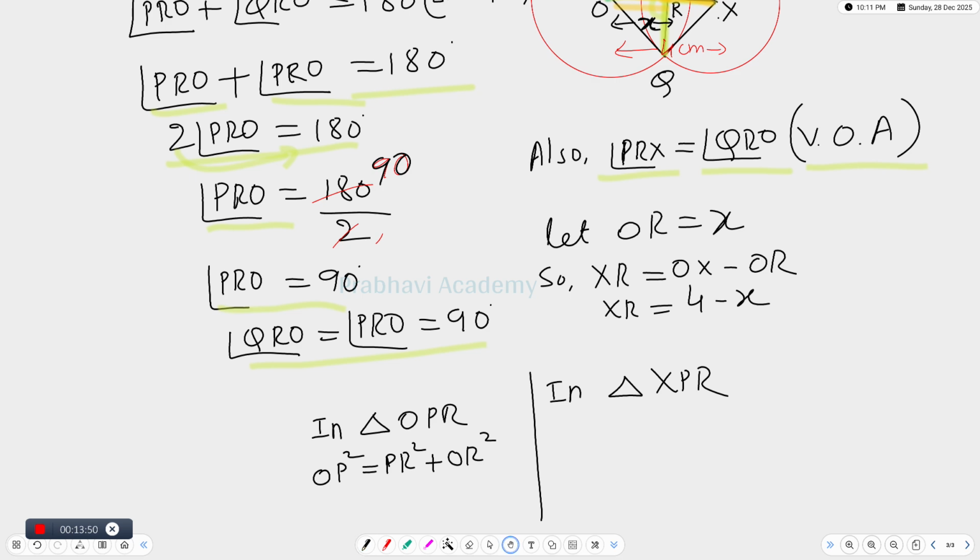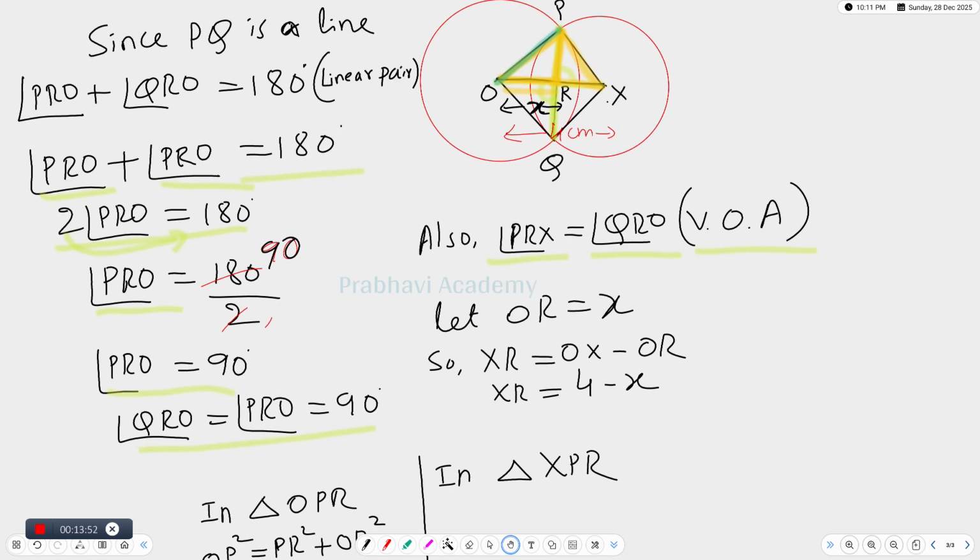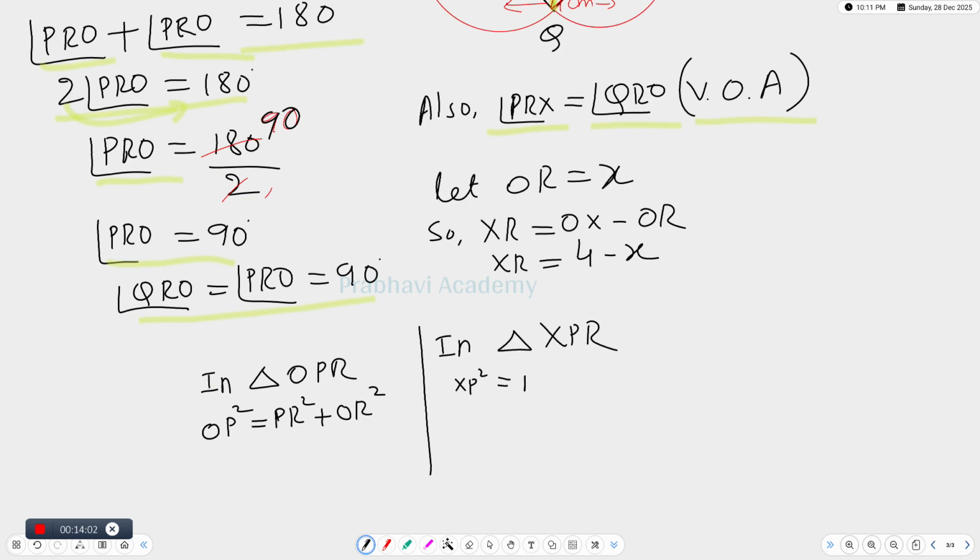And in case of XPR, the hypotenuse is XP. So XP square, hypotenuse square, is equal to PR square plus XR square. Now we already have OP, that is the radius of circle 1. It is given, that is 5 centimeter.